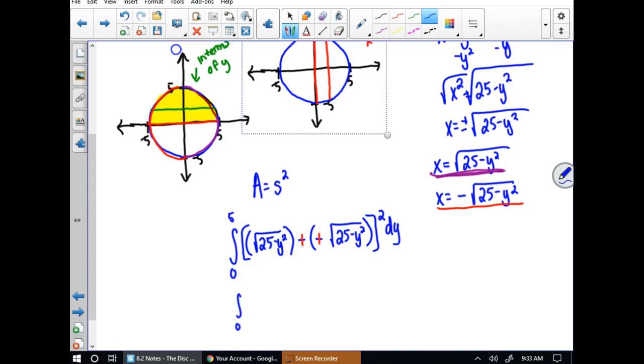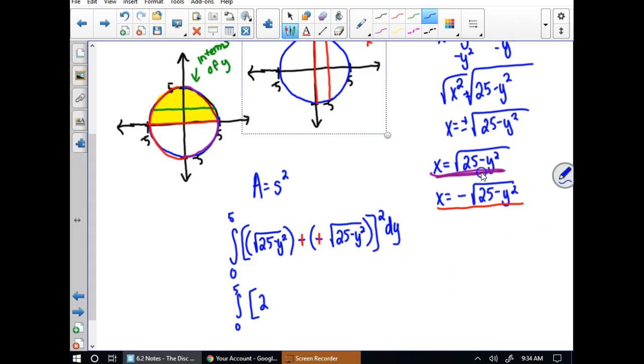So you're going to have the integral from 0 to 5 of, it's always top minus bottom or right minus left. It looks like we are subtracting, but we're really adding, because whenever you do the minus, that left one is a negative, it becomes a positive.